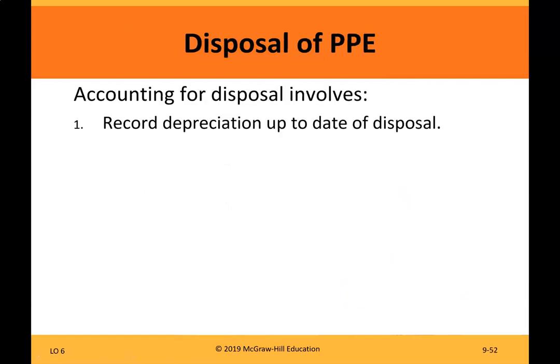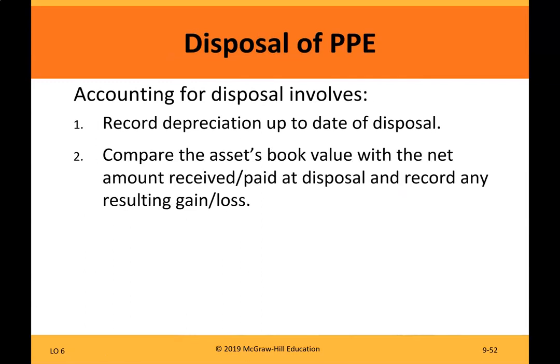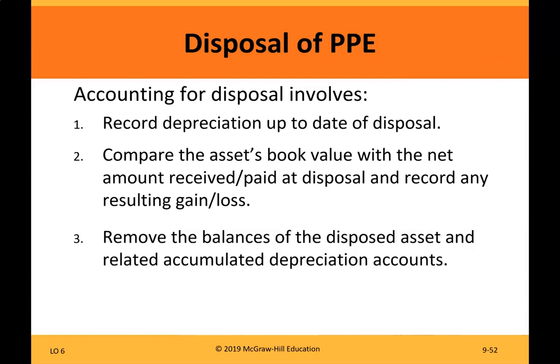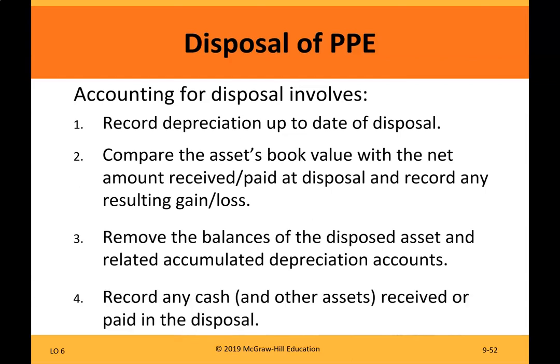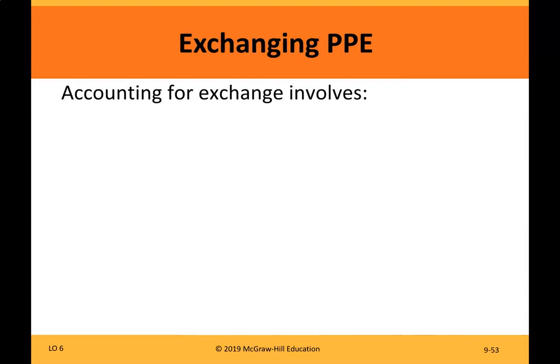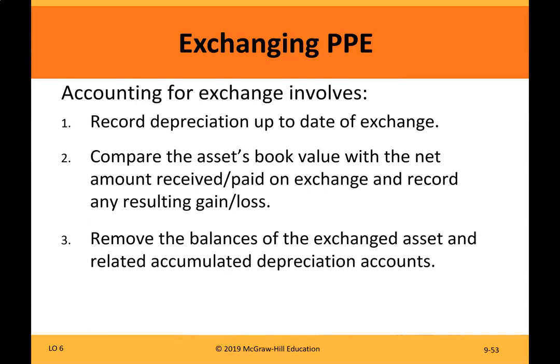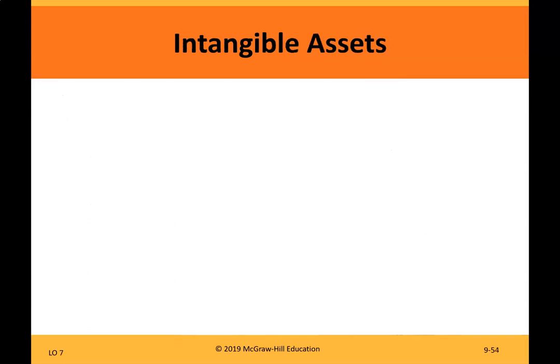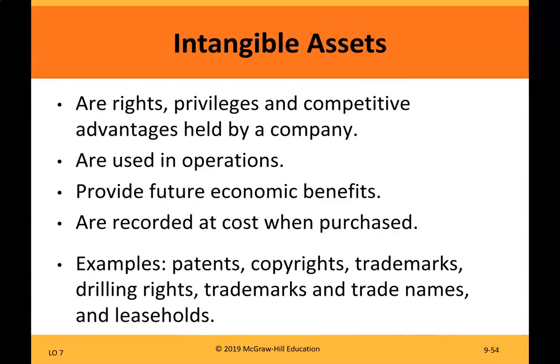Accounting for disposal involves recording the depreciation up to the date of disposal, comparing the asset's book value with the net amount received or paid at disposal, and recording any resulting difference as a gain or a loss. Remove the balances of the disposed asset and related accumulated depreciation accounts. Record any cash and other assets received or paid in the disposal. We won't worry about exchanges nor intangible assets.